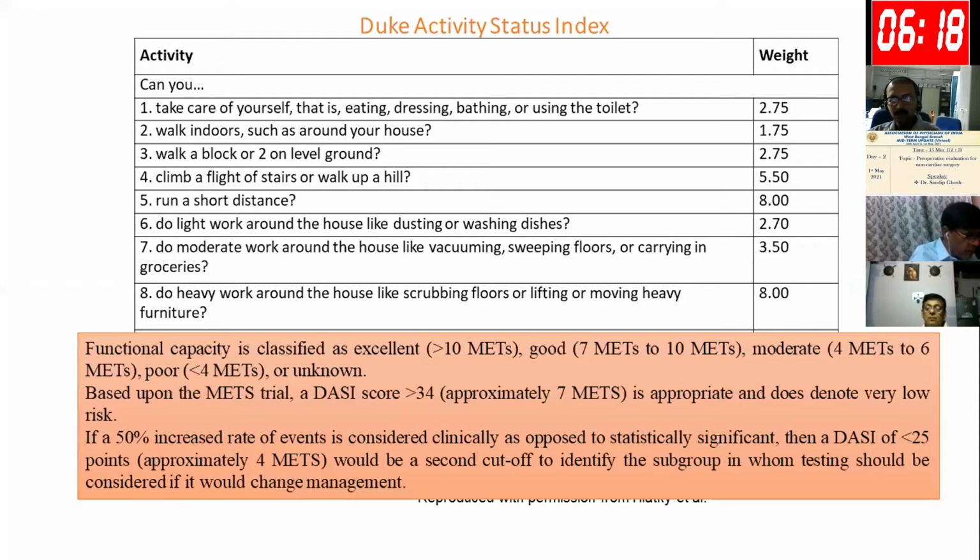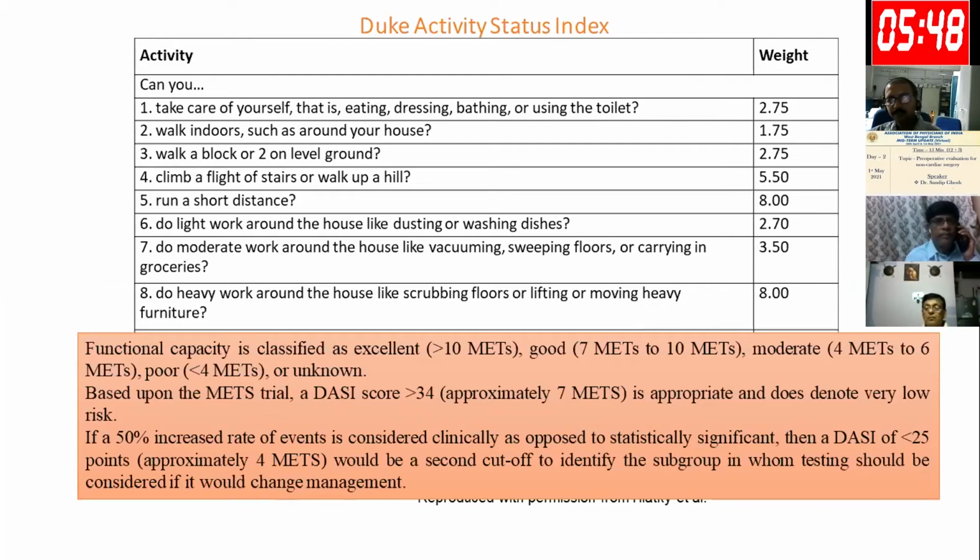Functional capacity can be classified as excellent if it is more than 10 minutes, good if 7 to 10 minutes, moderate 4 to 6 minutes, and poor if less than 4 minutes. Based on the MACE trial, if the score is more than 34, that is, 7 minutes is appropriate, and it denotes a very low risk for surgery in this patient.